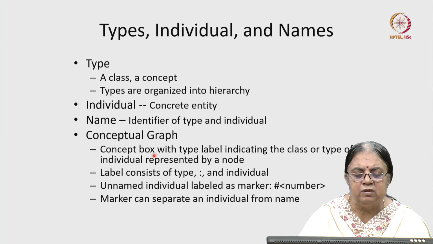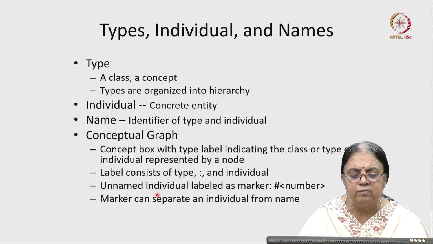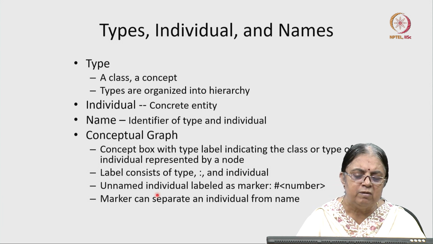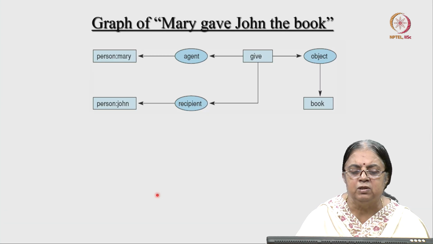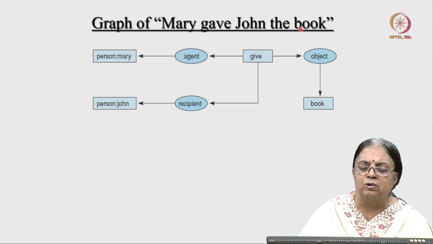Conceptual graph, concept box with type label indicating the class or type of individual represented by a node, and a label consists of type and individual, or it could be of a specific particular object that you are talking about. So, here for example, Mary gave John the book.